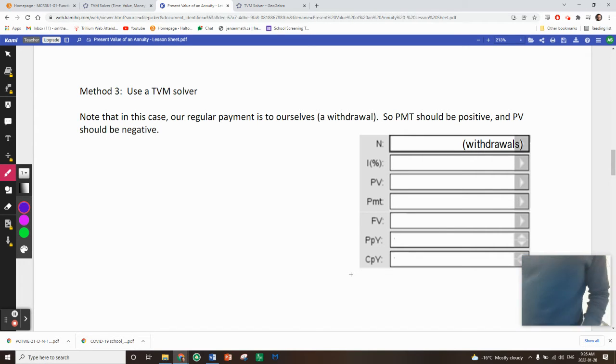And we'll train you guys up on how to use the TVM Solver to solve these kinds of problems. It isn't turning on? That's not good.